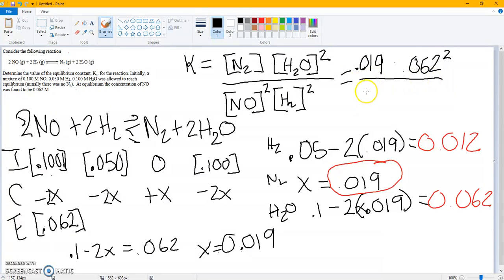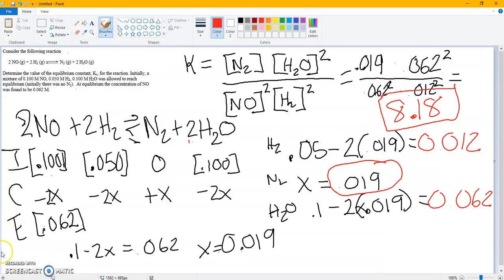And then nitrogen monoxide is 0.062, and I'm going to square that. Times hydrogen, which is 0.012, and I'm going to square that. And once I put that all into my calculator, I get an answer of 8.18. So that means that the equilibrium constant for this reaction is 8.18.